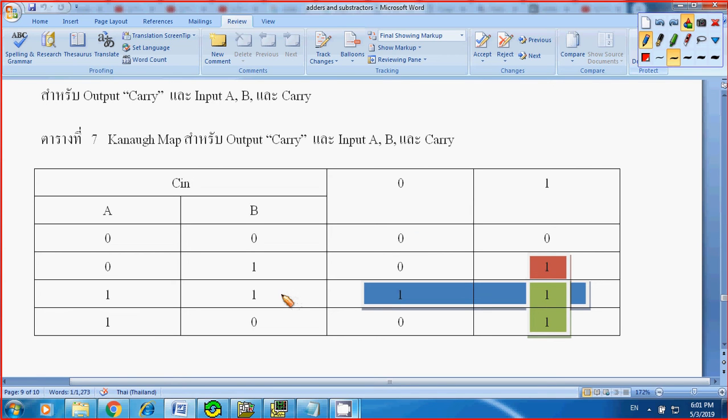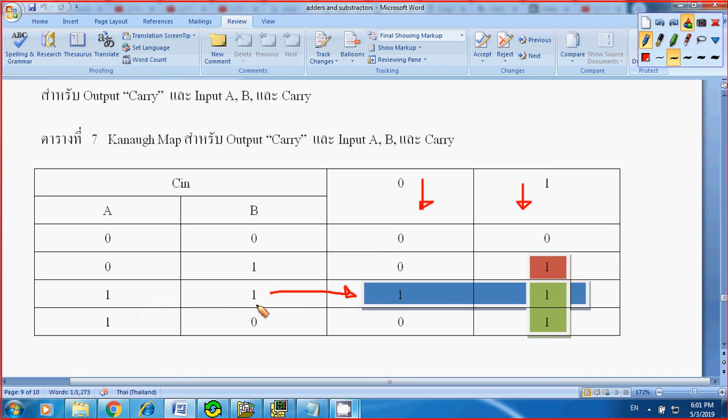Let's see. From the left to the right, or in row, and for input C in, you look at the C in column. So the expression for the blue one is going to be A, B. Okay, you need A and B, right?